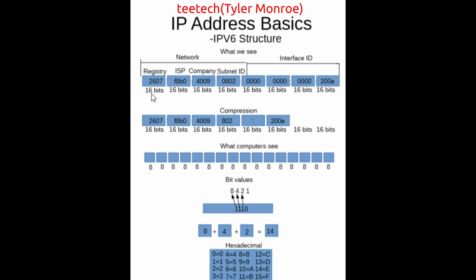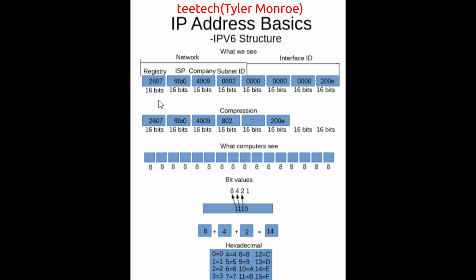Very important to understand here. The first part of an IPv6 address is called the registry portion. So this is like ARIN for America for assigning the addresses. And that's what the first section represents, and that's the first 16 bits.